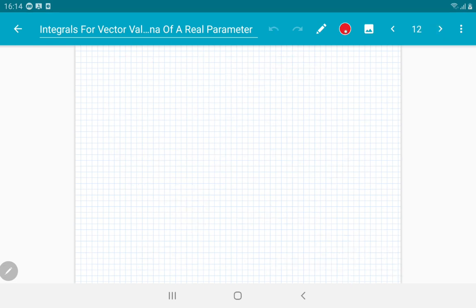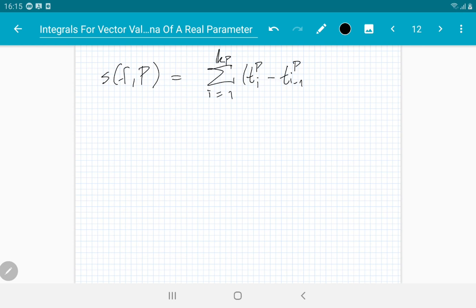I'm going to write the Riemann sum first for P. This is the sum from i equals 1 to k_P of (t_i^P minus t_{i-1}^P) times f(s_i^P). To make myself more comfortable, I'm going to write this in terms of the j_i's that I just defined.